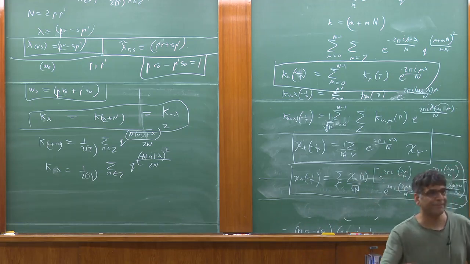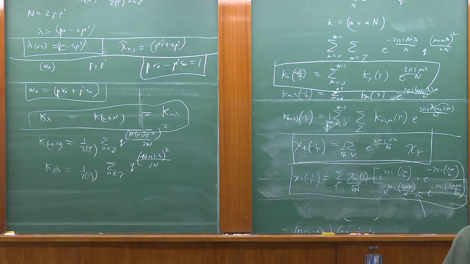But chi of minus 1 by tau, one of the modular transformations, goes to S times chi. And so how does this P transform under this modular transformation, tau goes to minus 1 by tau? You see, effectively P goes to S dagger PS.